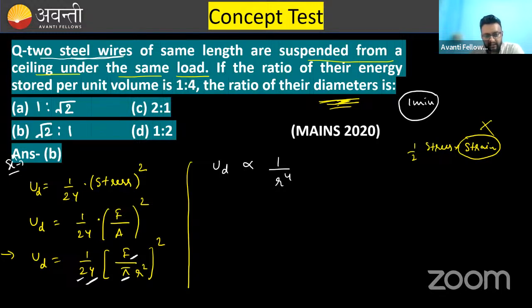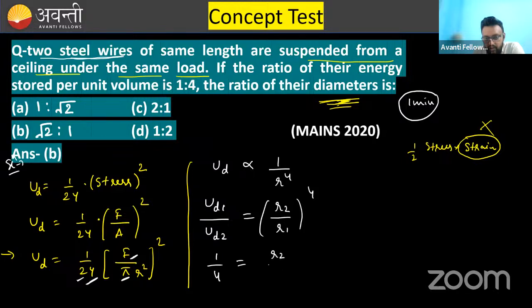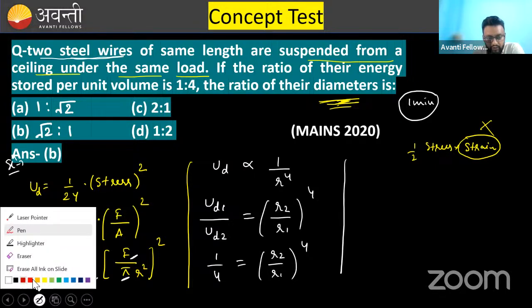So now I can write, energy density for first wire divided by energy density for second wire is equal to, this is reciprocal now, so it will be R2 by R1 whole raised to the power 4. And the ratio of energy density is given as 1 is to 4. So 1 is to 4 equals R2 by R1 whole power 4.